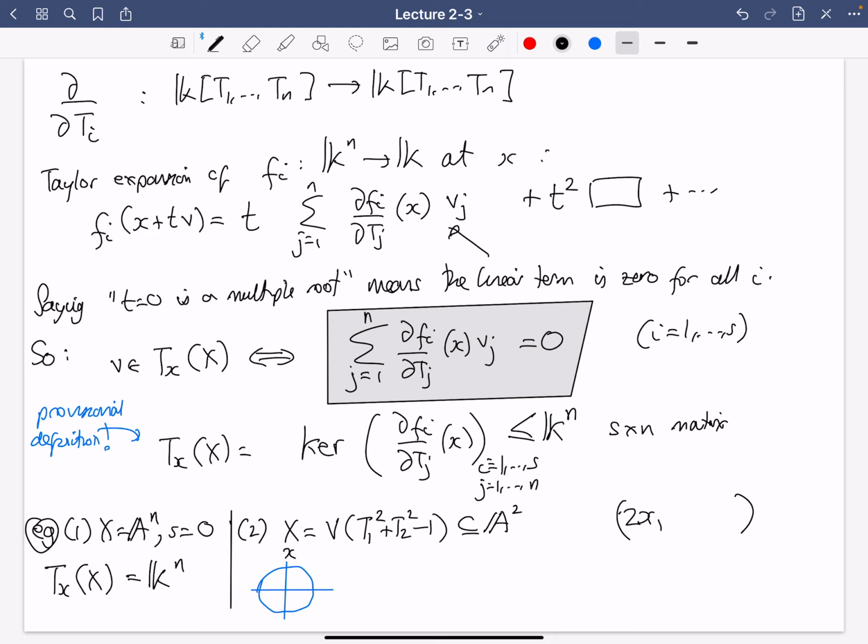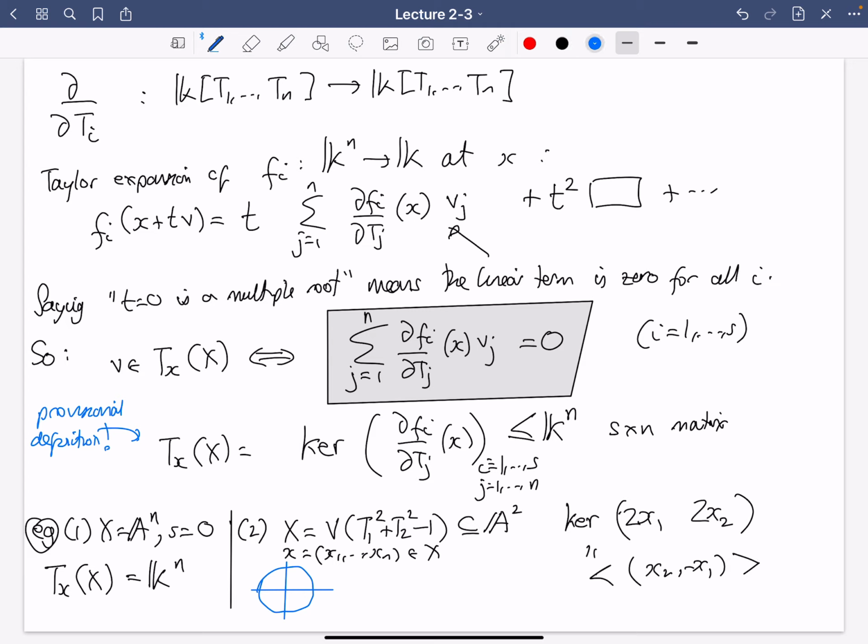This x is just some point inside X. So that's the first entry, and similarly the second entry is 2x2, and so the tangent space is just the kernel of that matrix. So it's the span of, I guess, x2, minus x1. That would do the job, right?